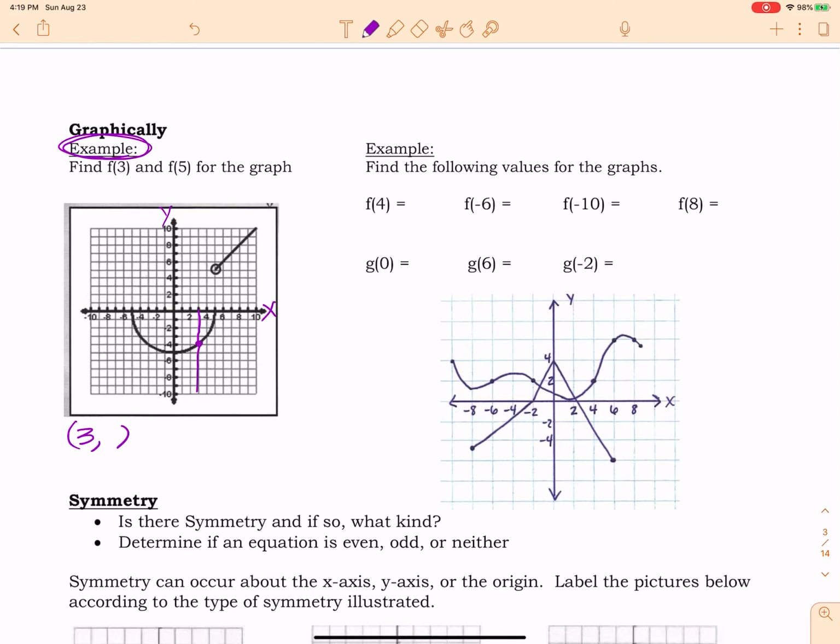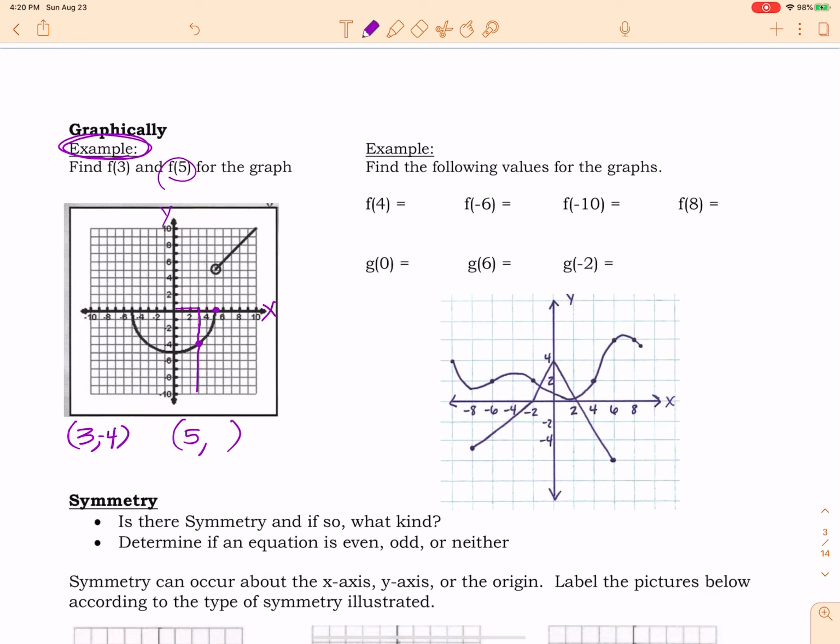So that ordered pair is go over 3 and down 1, 2, 3, 4. So that is a negative 4 right there. That's that ordered pair. And then I'm going to find f of 5. So I've got an ordered pair of 5, and I want to know where the y value is. So at 5, I count over 1, 2, 3, 4, 5.